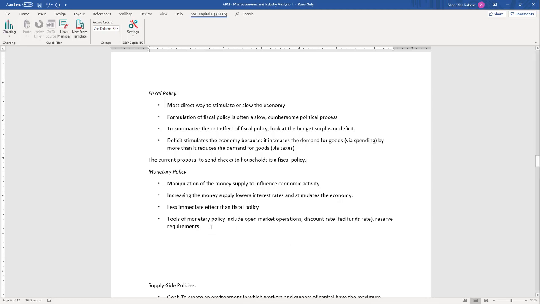The tools of the monetary policy include open market operations, the discount rate, Fed funds rate, and reserve requirements. I'm just going to make a little note. I believe I've talked about these before in class, but just a little note. Open market operations.